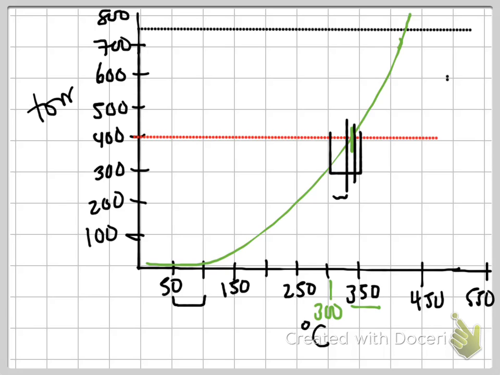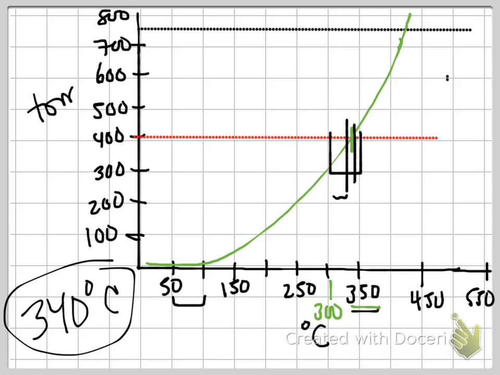So we could take 350 minus 12.5, we get 337.5, okay. Can we say 337.5 based on the level of precision we have in that graph? No. But we can round that, and as close as we can get would be to say 340 degrees Celsius.